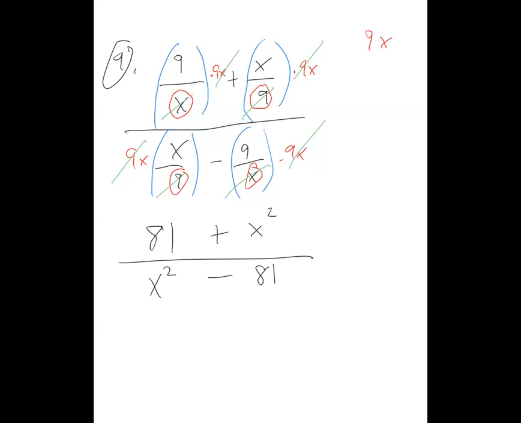So it seems too easy. Wow. It seems so easy. I didn't actually figure this one out yet, but usually I look back and see if I got the same answer before, but this is correct. So 81 plus x squared over x squared minus 81. Okay, cool. That's it for that one.